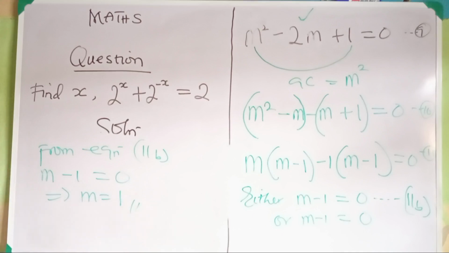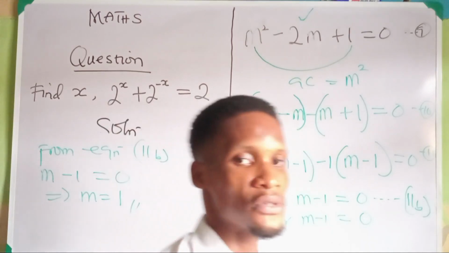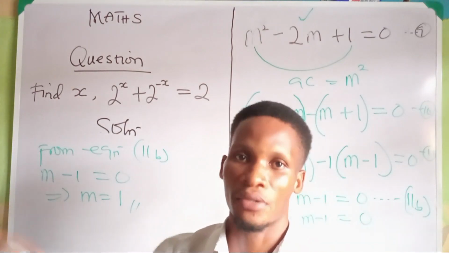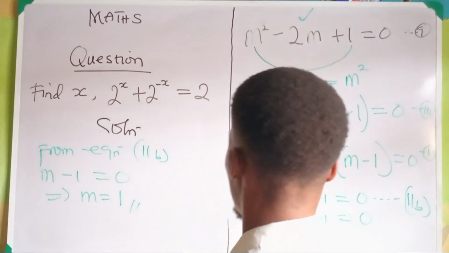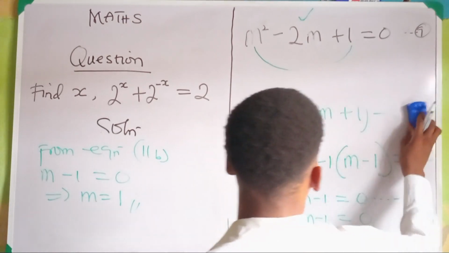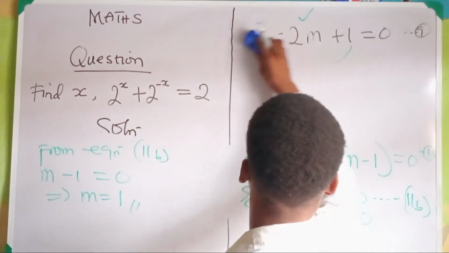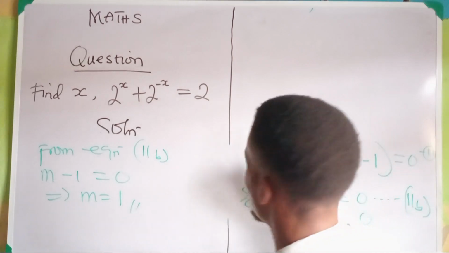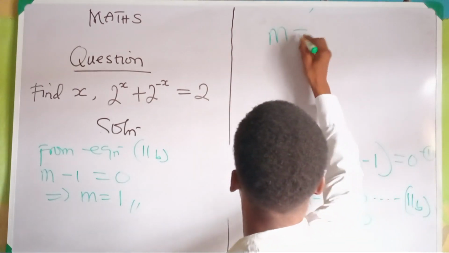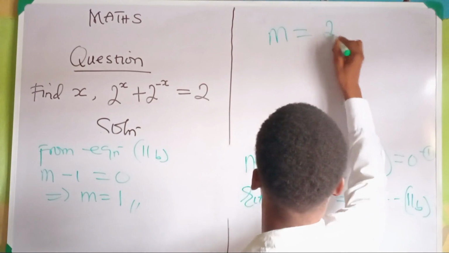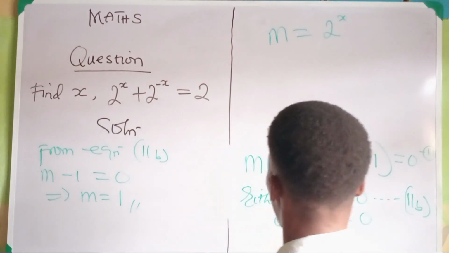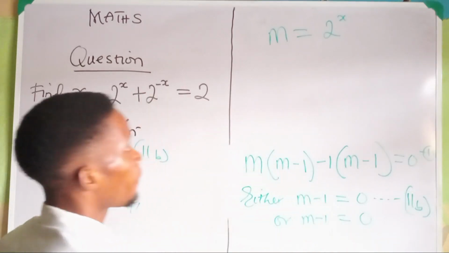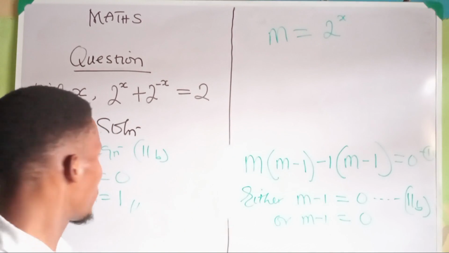1. m is equal to 1, but m is not what we are asked to find. We are asked to find s and not m. So we can recall now that m equals 2 raised to the power s. I believe that's what we wrote that time. m equals 2 raised to the power s.